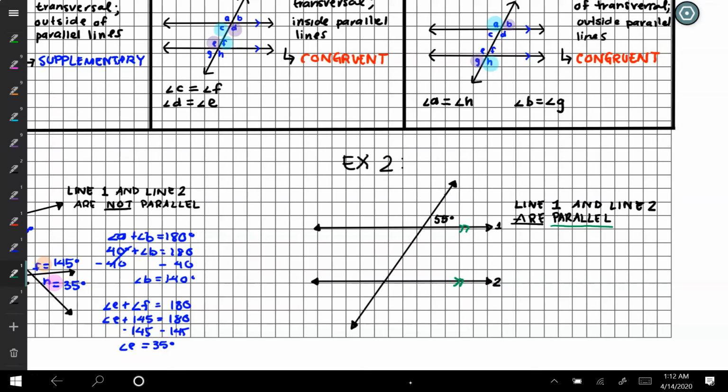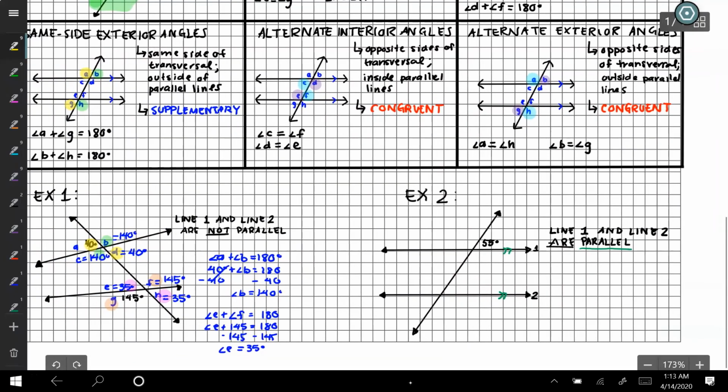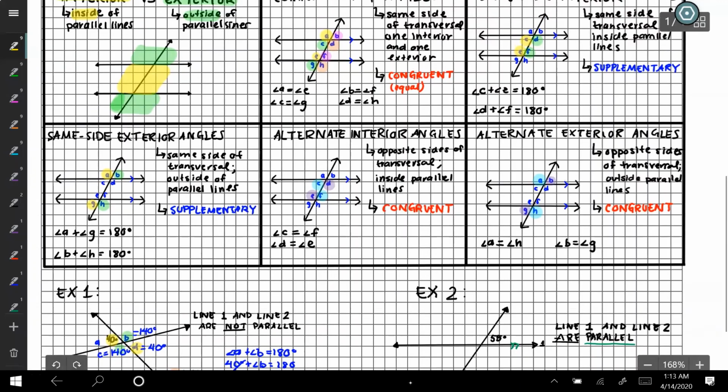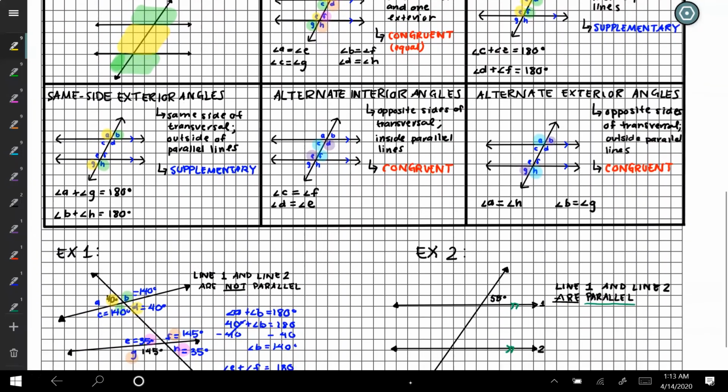Alright, so first things first, I'm going to go through and label my vertical angles again. Or actually, let's not look at vertical angles at all. So let's start by labeling A, B, C, D, E, F, G, and H. Alright, so I have angle B here.